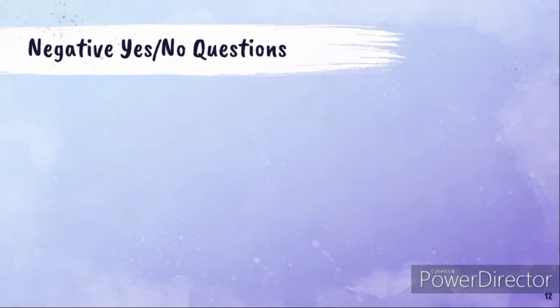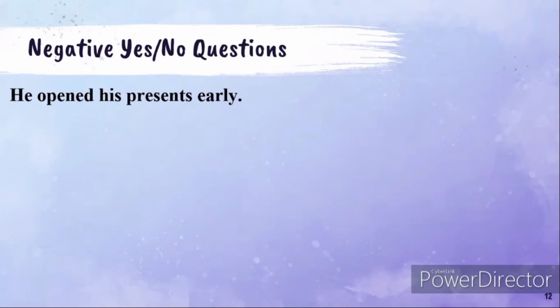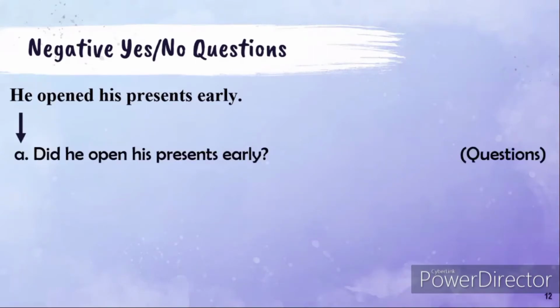Let's take a look at this sentence first. He opened his presents early. For letter A, did he open his presents early? It is in the question form.